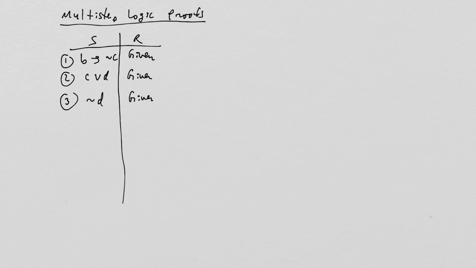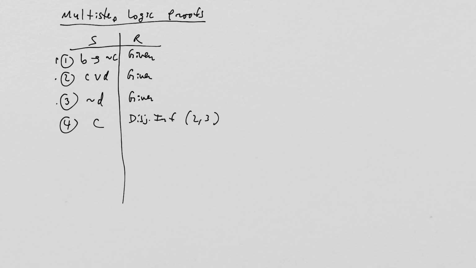First of all, you'll notice that step 2 is an or statement, and step 3 is a negation of something. So I can combine those using disjunctive inference, using lines 2 and 3, and conclude C by itself, because it's C or D, but D is false, so C must be true.